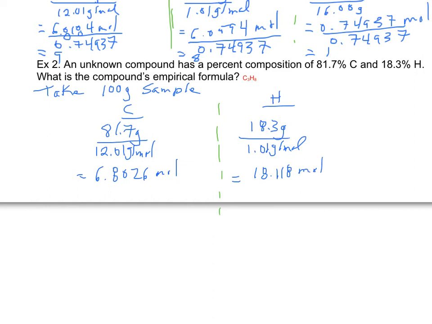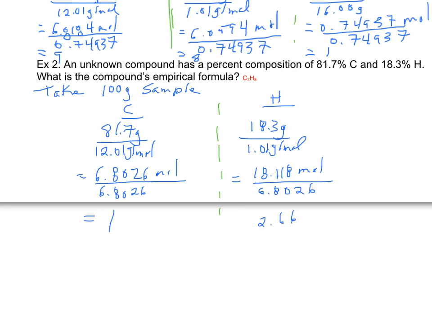Step number 3, divide each by the lowest number. That's going to be carbon. This gives me 1 carbon, and my calculator is telling me I've got 2.66 hydrogens.